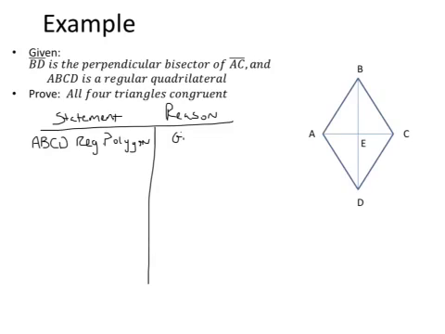And that's a given. That means that all our side lengths are the same. So therefore, AB is congruent to BC, which is also congruent to CD, which is also congruent to DA, right? So that is by definition of regular polygon.